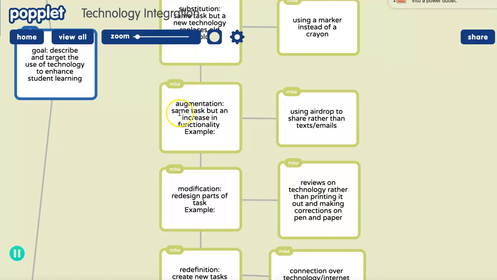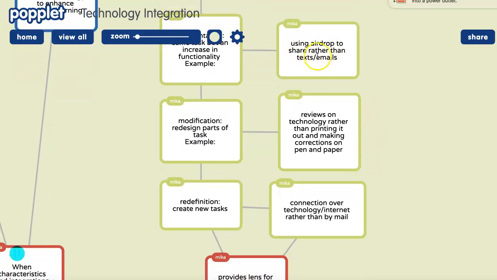Augmentation was the same task, but an increase in functionality. So the example I thought of was using AirDrop to share documents, pictures, websites rather than texting or emailing those. AirDrop is more immediate than text and emails.